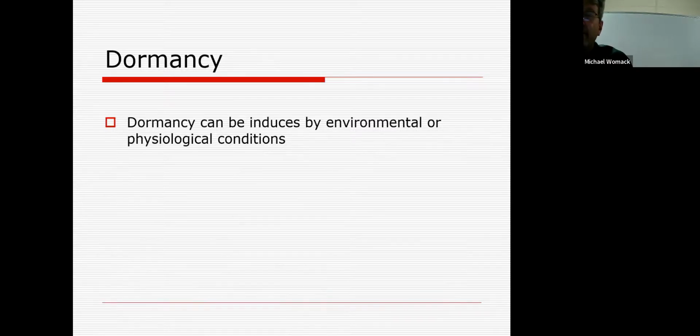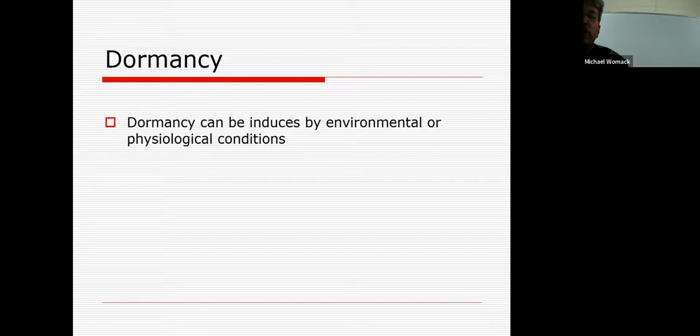Like seeds will have a physiological, sometimes a hormone component within them that keeps them dormant longer. And then other seeds are looking for an environmental condition, like they need a certain amount of light in order to break their dormancy. Or we talked about blueberries and azaleas the last time, and even peaches.